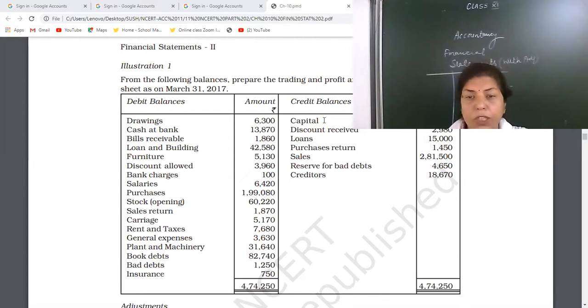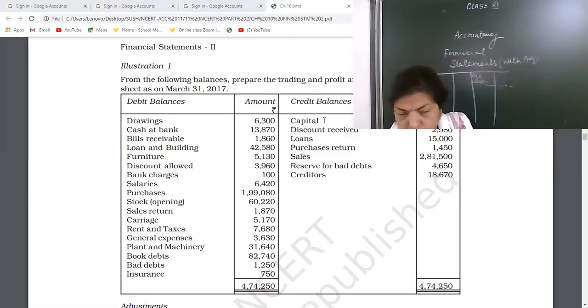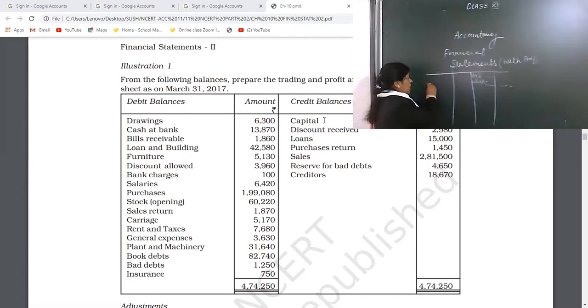Okay, now purchase return means minus from purchase. As I told you, we have to show purchase on this side in the inner column, then less purchase return to calculate net purchase. Clear? Got it?